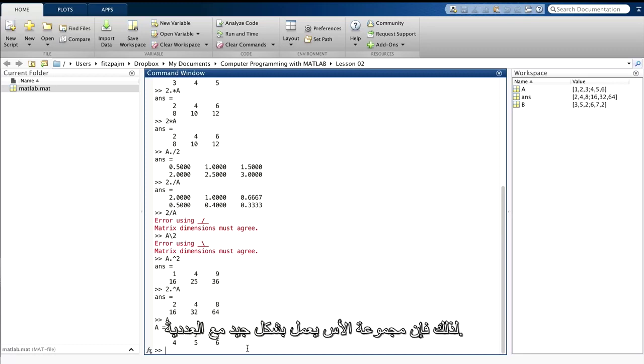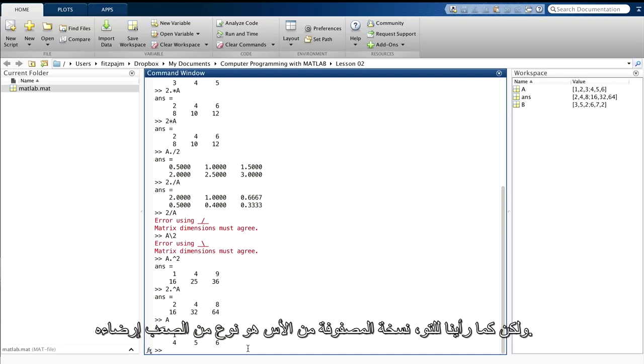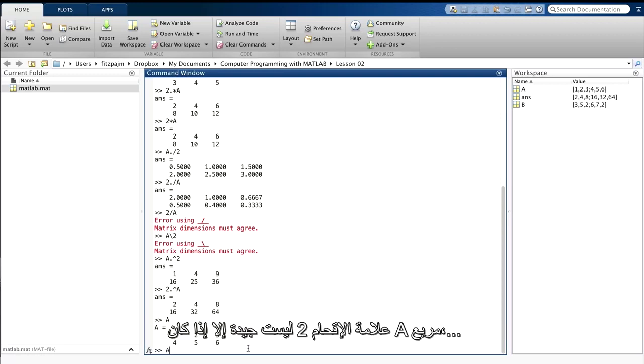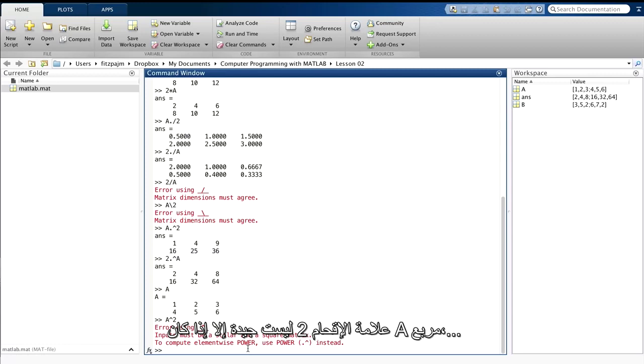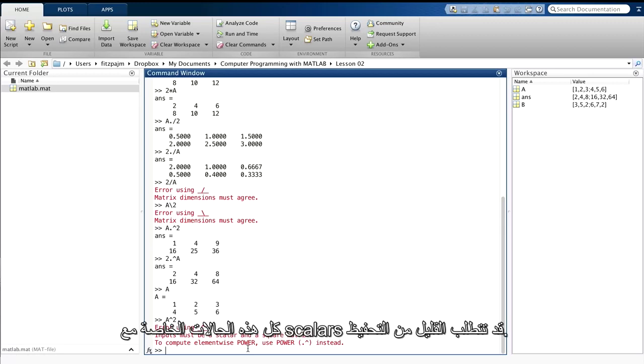So array exponentiation works fine with a scalar, but as we've just seen, the matrix version of exponentiation is kind of picky. A caret 2 is no good unless A is square, and of course A is 2 by 3, so it's not square.